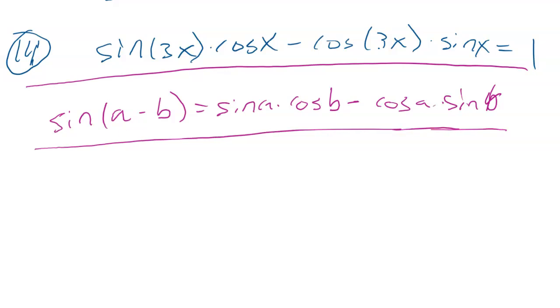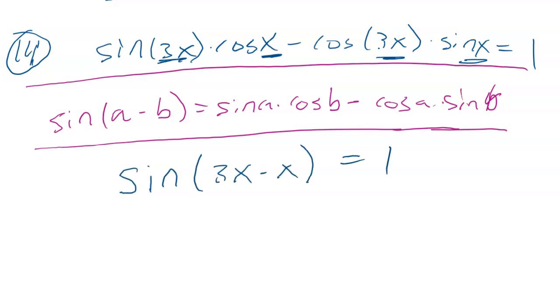So I'm going to write this down. This is my A, and this is my B. That's my A, and that's my B. So therefore, that first expression can be rewritten as sine of 3x minus x. This is equivalent to sine of 2x is equal to 1.